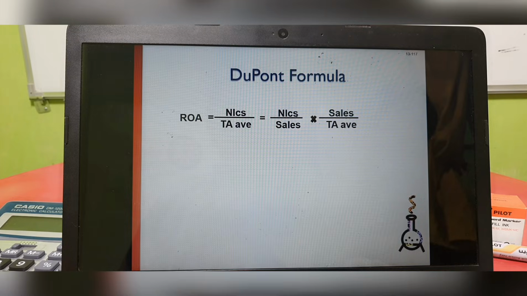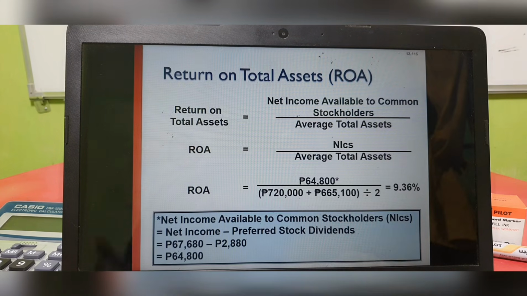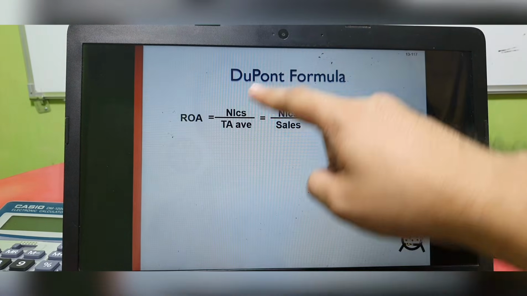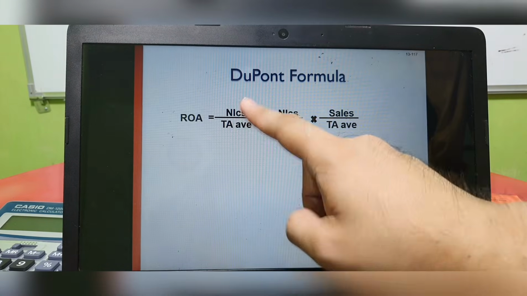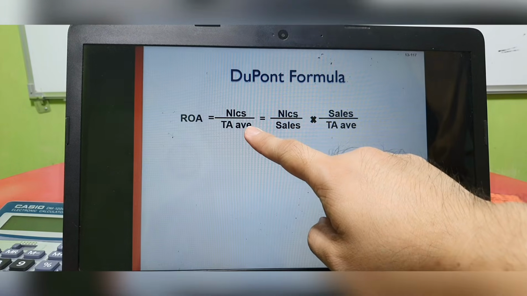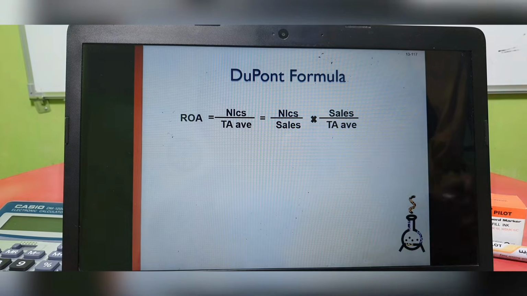Next. Si DuPont formula. DuPont is saying something. Okay, if we go back to ROA, ang formula niyan ay NICS over total asset average. Pero sabi ni DuPont, sometimes hindi given yung NICS, hindi given yung total asset average. Pero pwede kang mag-multiply sa numerator at denominator like this.